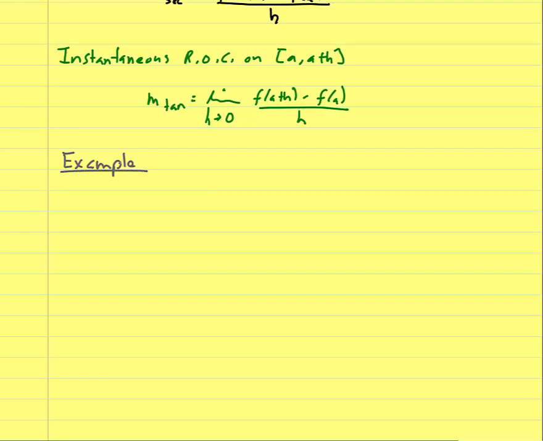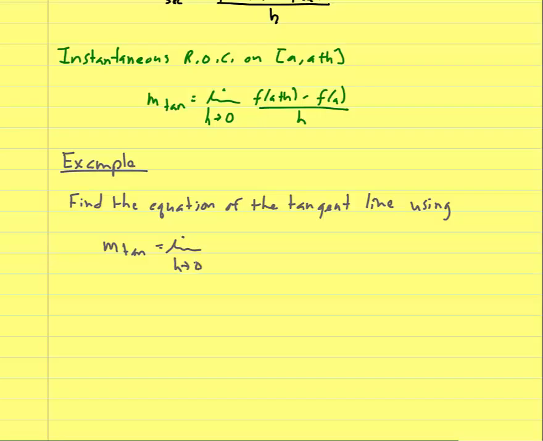So for this example, let's find an equation of the tangent line. And of course, to find the equation of the tangent line, we'll start by finding the slope, using our new equations. So let's use the slope of the tangent line equals the limit as h approaches 0 of f of a plus h minus f of a all over h.